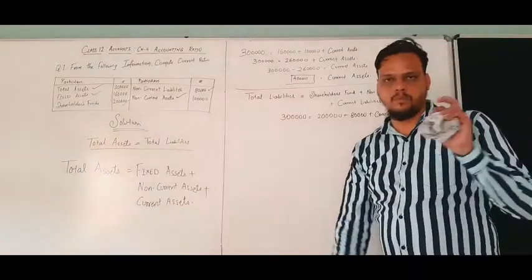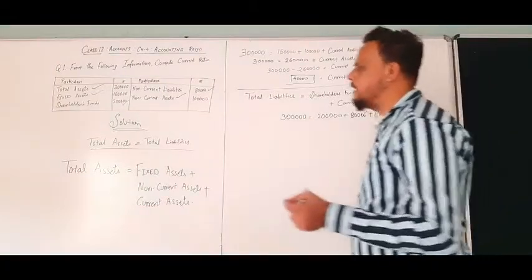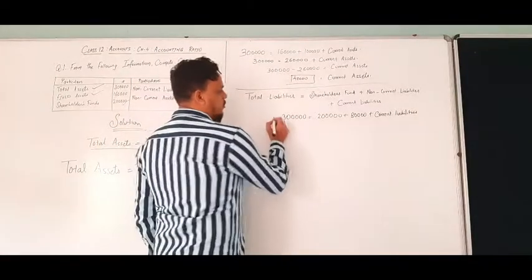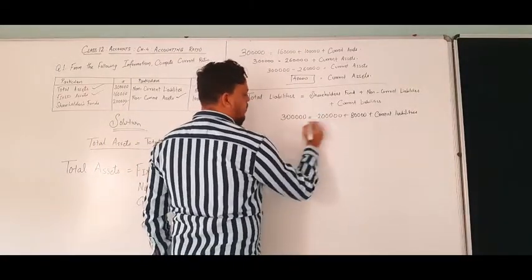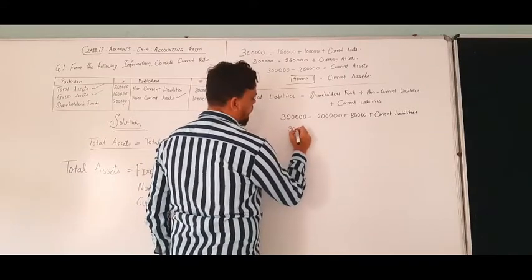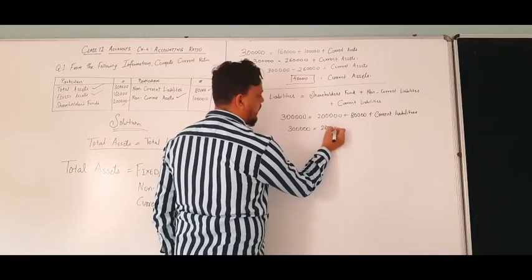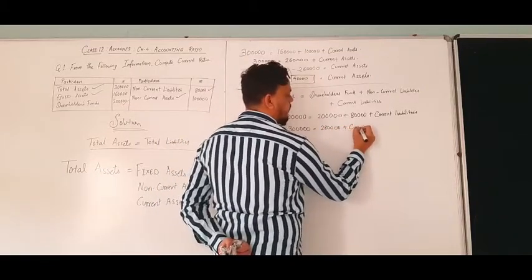Many students have the problem of writing shortcuts. Please do not write shortcuts. Complete the sentence fully. Improve your handwriting. You should be able to write clean and clear. Here, 3 lakh is equal to 2,80,000 plus current liability.